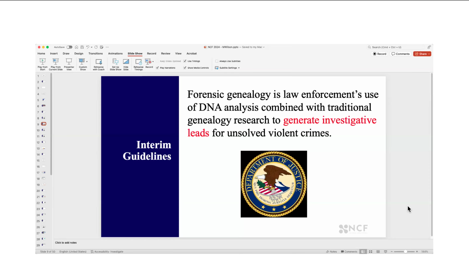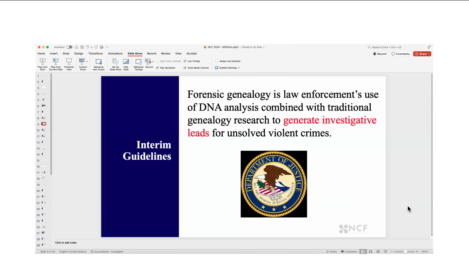So it's lead generation, it's background, you can consider it almost as research. And a lot of people call it research when they're reaching out to discuss their findings. They will say things like, well, our research has determined such and such. But the other way that it's characterized is to generate investigative leads for only a certain number of crimes.